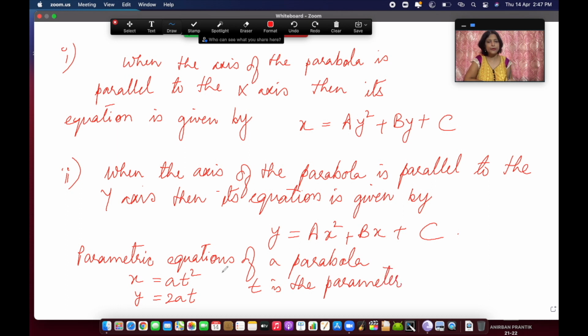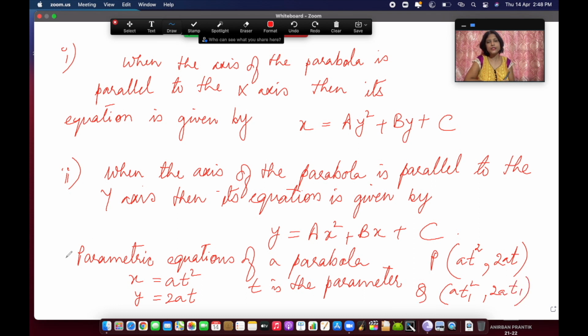Now what is a parameter here? It means the value of t will change with the change in position of the moving point. Now any moving point P will be given by the coordinates (at square, 2at). So for a different point Q on the parabola, we can write (at1 square, 2at1).